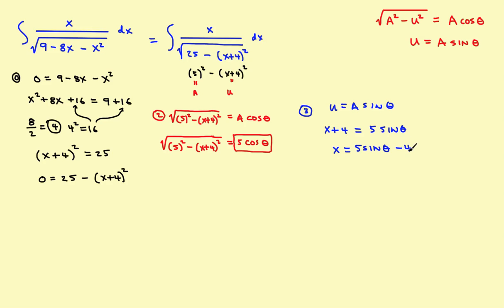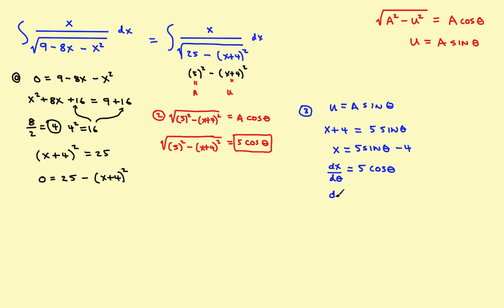minus 4. But you need the derivative of x, so we'll take the derivative of x with respect to theta would be equal to 5. Now, just a reminder, the derivative of the sine is the cosine. And the derivative of a constant goes to 0.